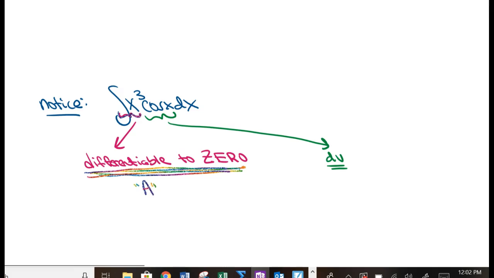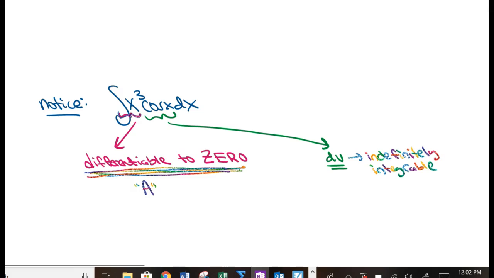The other part of the integrand, cos x, I'm going to refer to as dv. That portion, cos x, is what I call indefinitely integrable, which means I could integrate cos x forever. It will never hit a stopping point. For that matter, cos x could be differentiated forever.